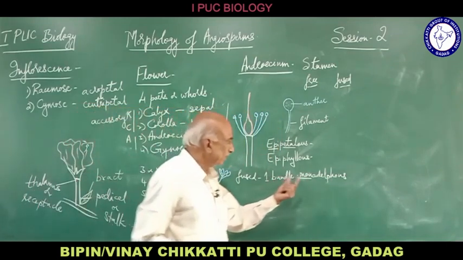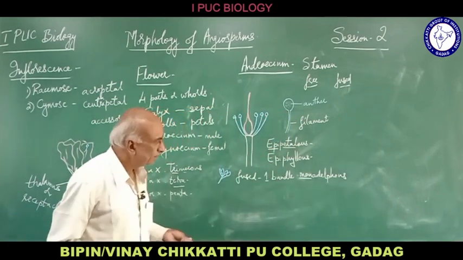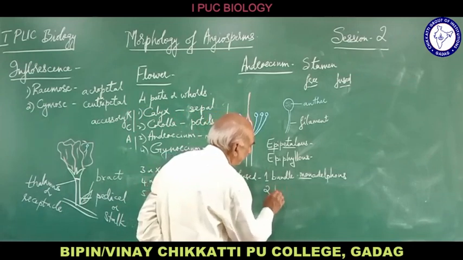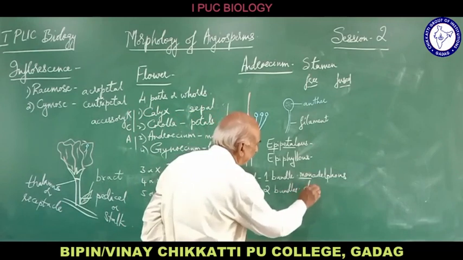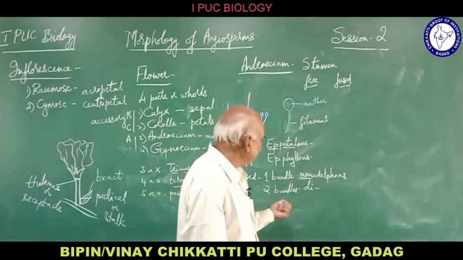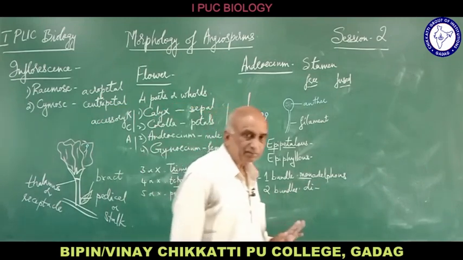So the adelphi is the fusion of the stamens, in a single bundle, and sometimes two bundles may also be seen, and it is called diadelphous. So diadelphous, two bundles. Here the number of stamens is not important.